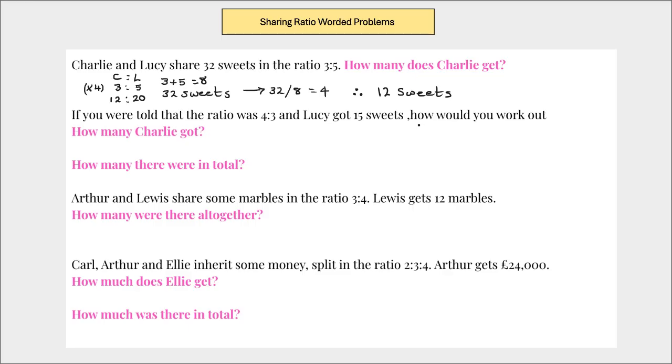If you were told that the ratio was 4 to 3 and Lucy got 15 sweets, how would you work out how many Charlie got? This is a bit more trickier, isn't it? So let's work on it. So we know that there's Charlie and Lucy, and we know that the ratio is 4 to 3.